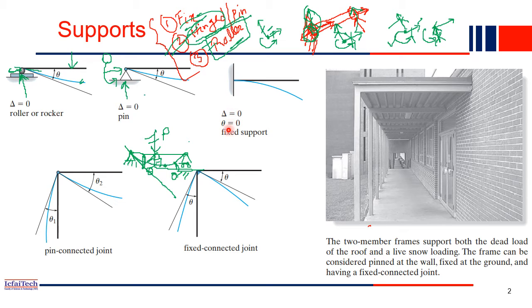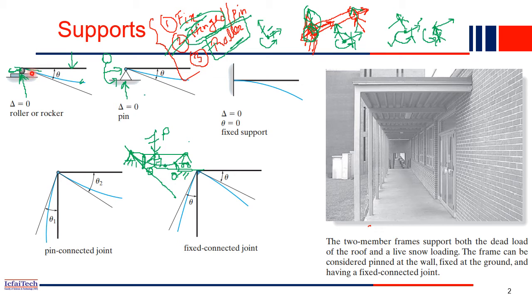So that's why, if you see the slope at this point, theta is actually zero, because the deflection will not start at the joint. It will start after some distance. See, here it is a straight line. The deflection started after some distance because it is a fixed joint. But here if you see the pin joint, deflection started from the support itself.